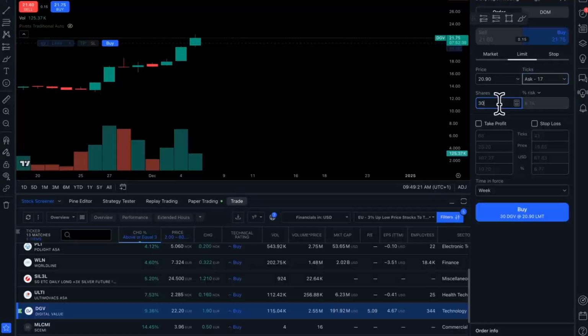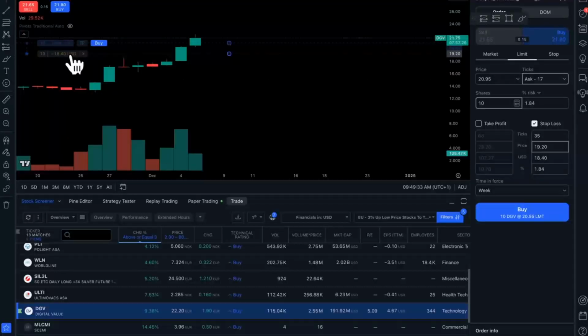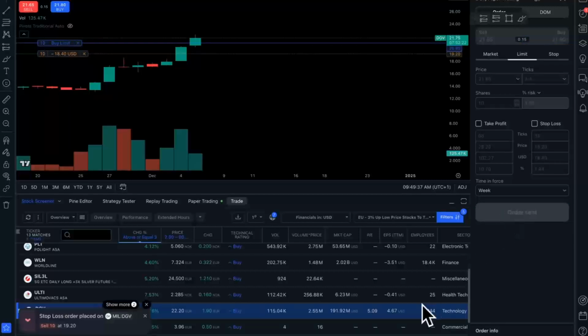And then we'll buy 10 shares. And we'll set a stop loss a bit up. We'll do it based on that. So that's what we've done there.